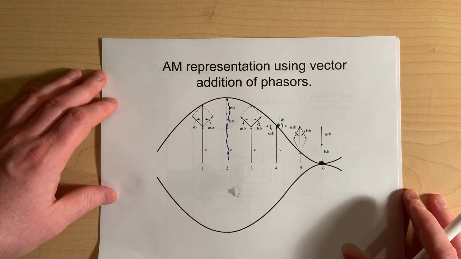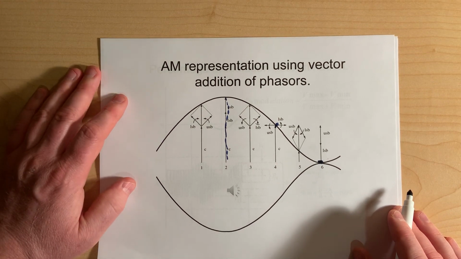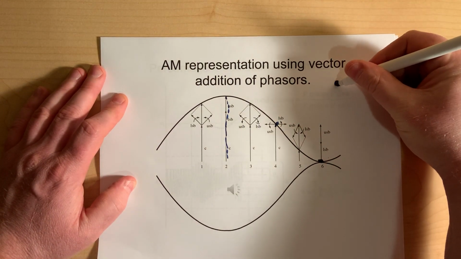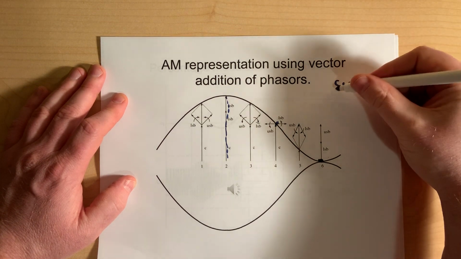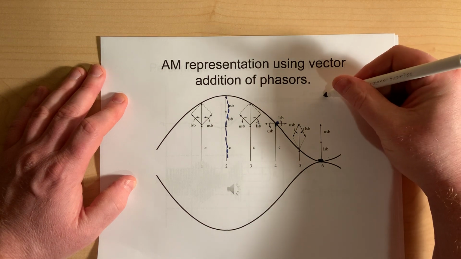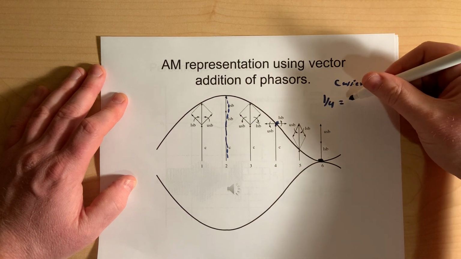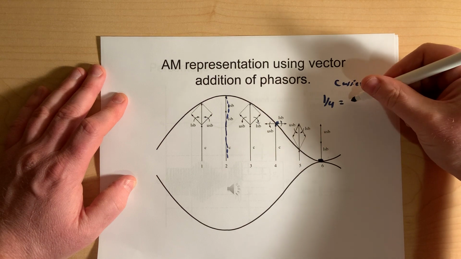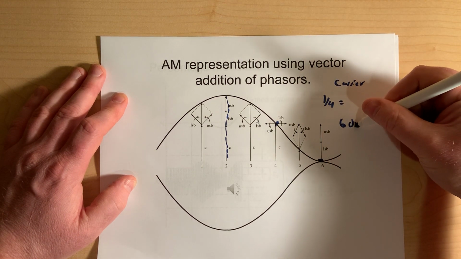Now when we talk about power, it's important to note that the upper and lower sidebands are each approximately going to have a quarter of the power of the carrier frequency. Okay? Which also happens to be 6 dB.